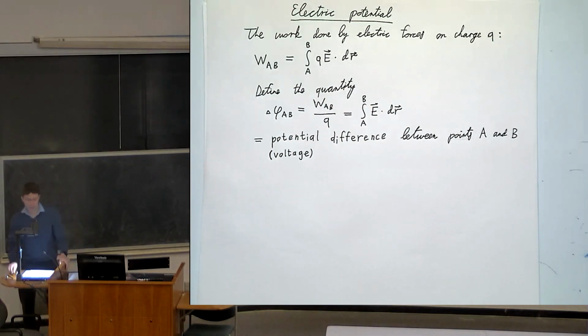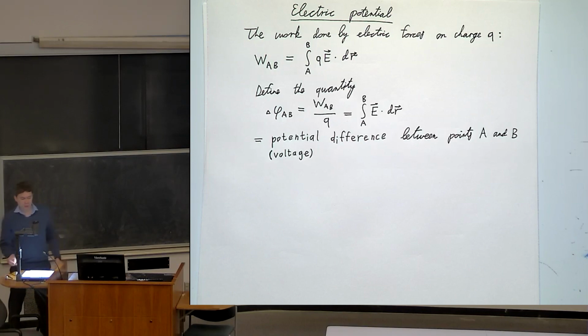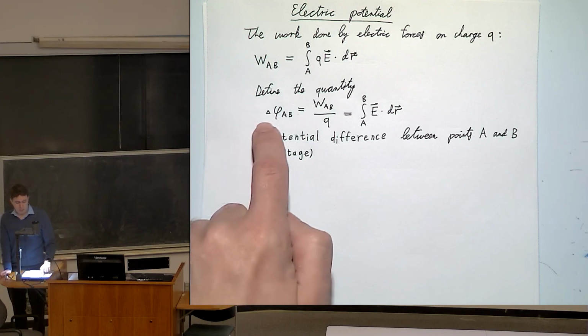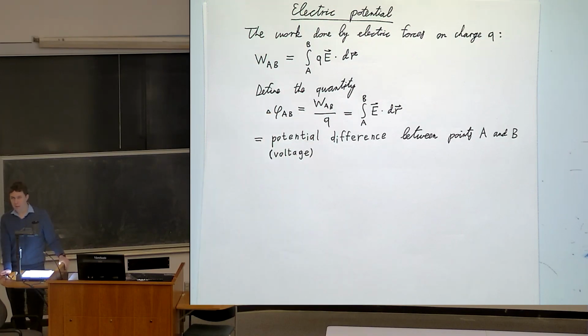Another commonly used term. And that's exactly related to electric potential. Strictly speaking, one should call it electric potential difference, but the word electric is usually dropped in the context. Sorry, so the quantity is the potential difference? Yes, delta phi AB, that's potential difference.